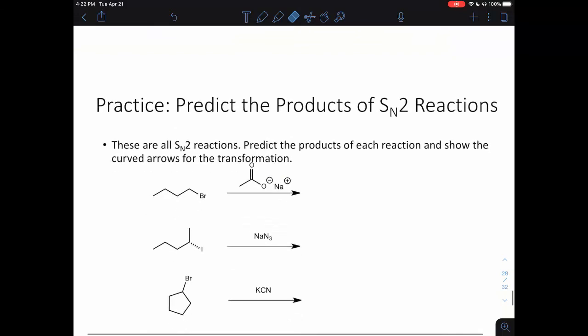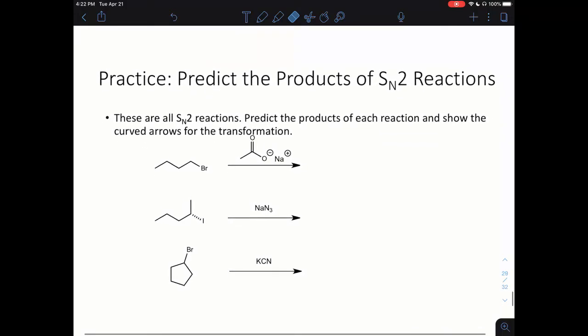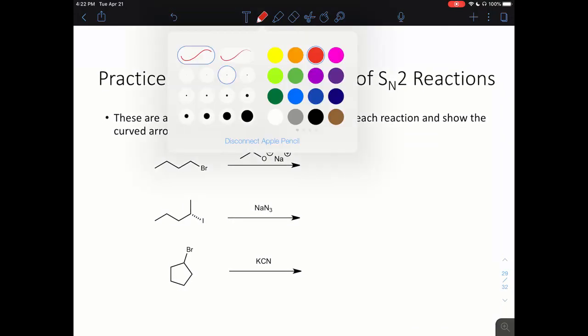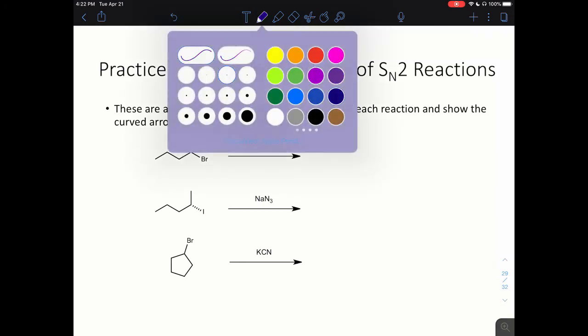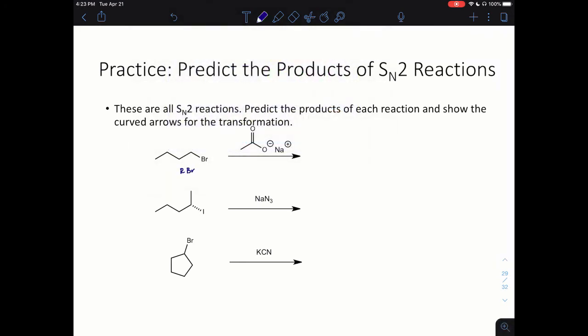Now we're going to practice. So this video is getting really long, I know, but I want to actually work through these with you so that you can get some good examples of how to process these types of problems. So I see I have an alkyl halide, and I see that I have something that can be a nucleophile.